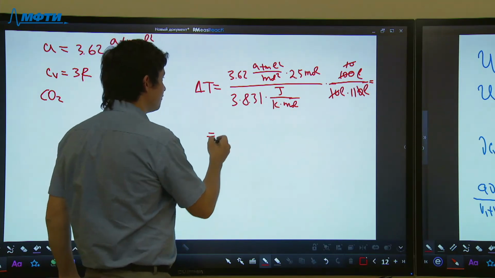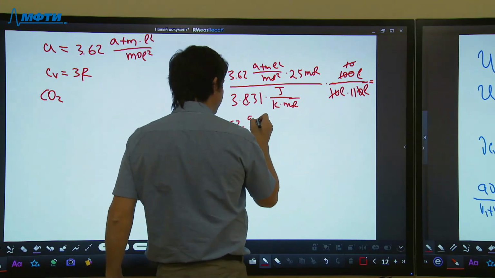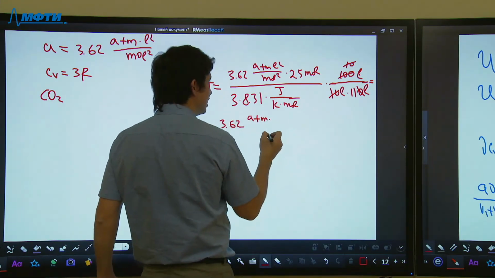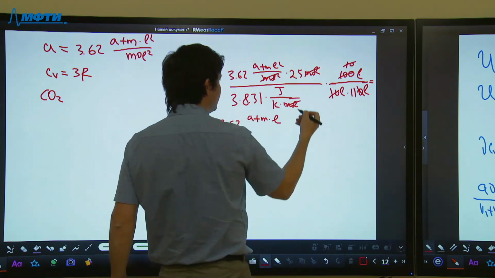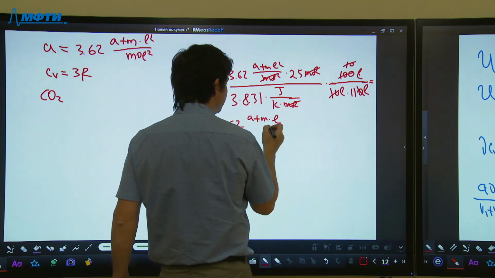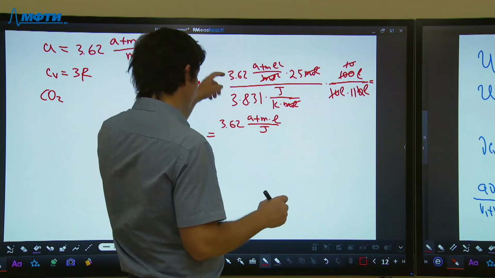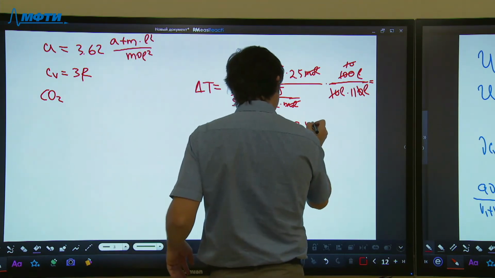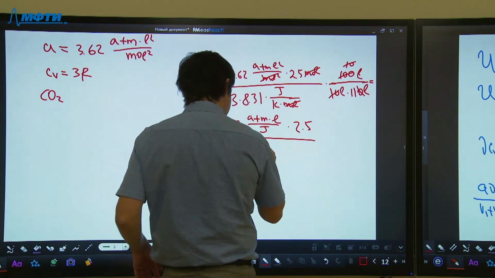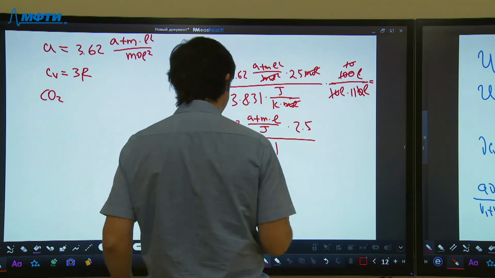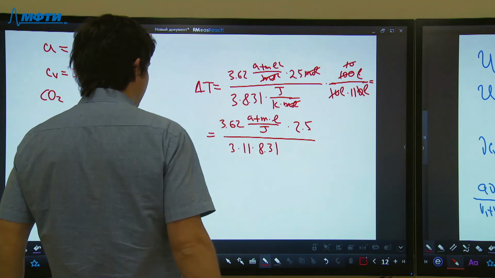So in here I have 3.62 atmospheres times liter. Okay, moles are eliminated, and everything is divided also by joule. Atmospheres times liter over joule. So 3.62 times 2.5 over 3 times 11 times 8.31. Okay, how can it be done?